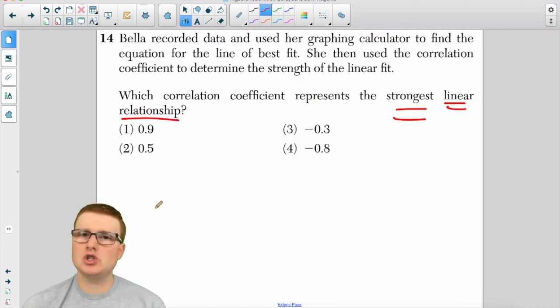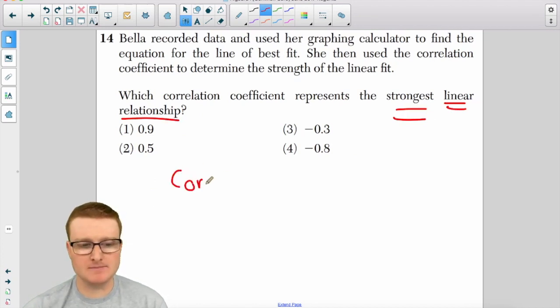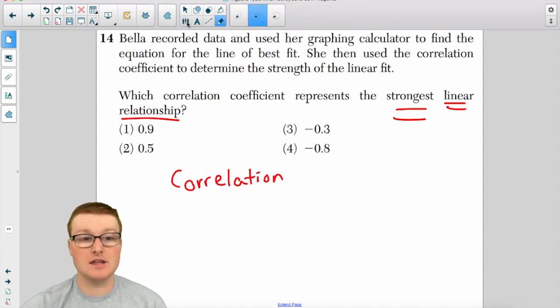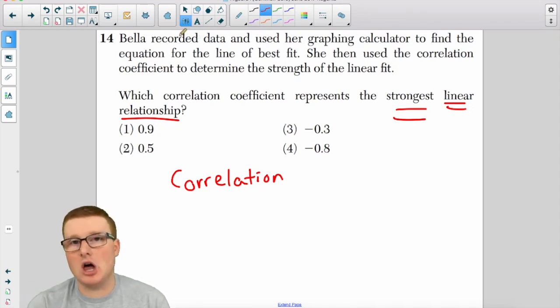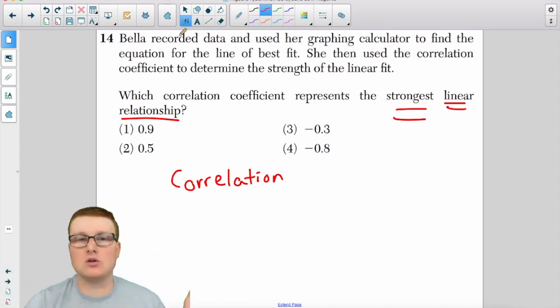So you should know by now that the correlation coefficient is just a number that describes the strength of the line. Is it a perfectly straight line, or is it scattered all over the place and you can't even figure out a pattern between the two?